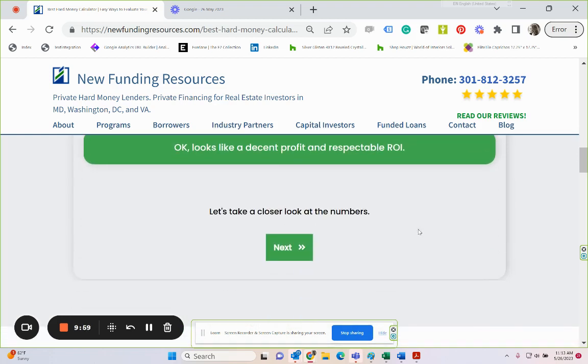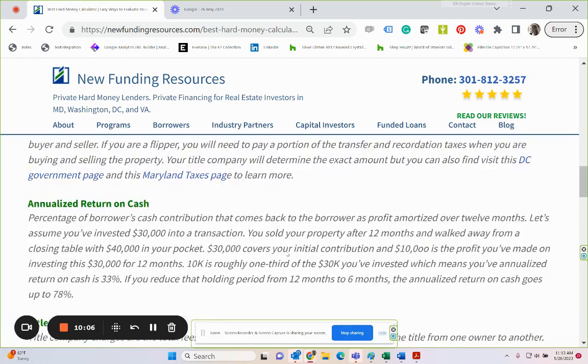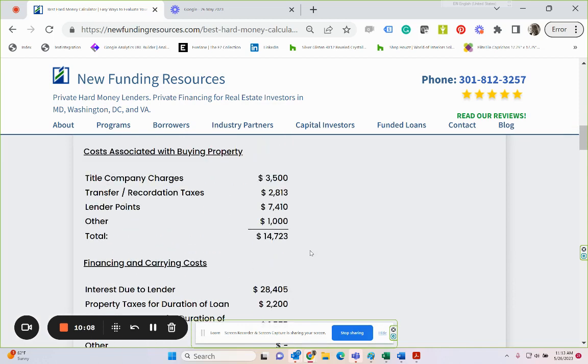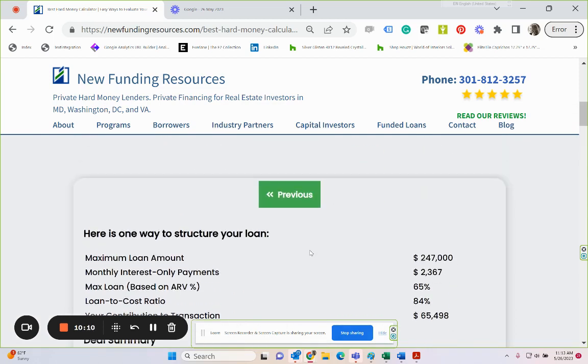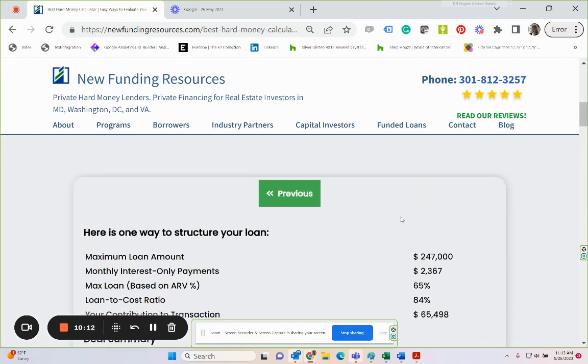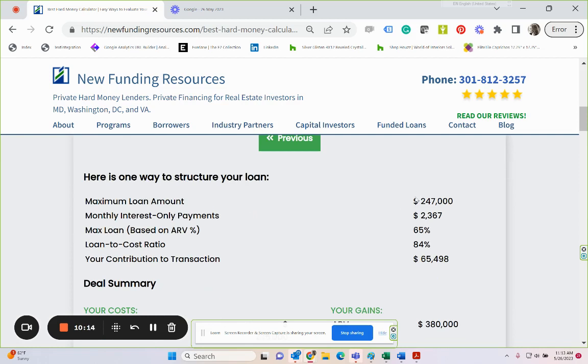All right, so that is not everything that our calculator can do. So let's click to the next page here. And that is the detailed summary of your transaction. Your maximum loan amount would be $247,000. This is what the lender would give you. Your monthly interest only payments would be $2,367 a month.